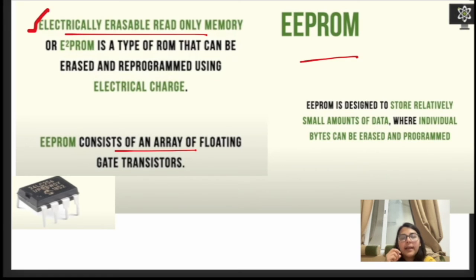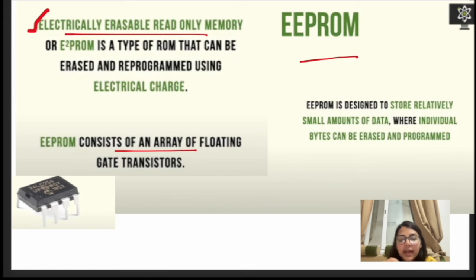So with the help of electricity we can easily erase the data from EEPROM. It is a type of ROM that can be erased and programmed using electrical charge. Just like EPROM, we can erase it, but we are using a different way to erase it, and I will tell you how it is actually erasing its data.